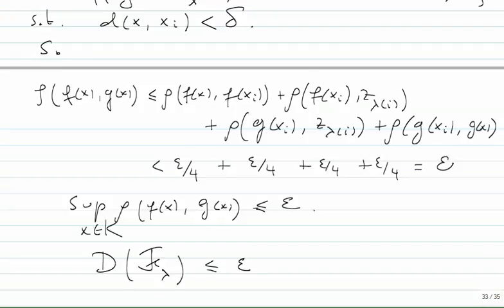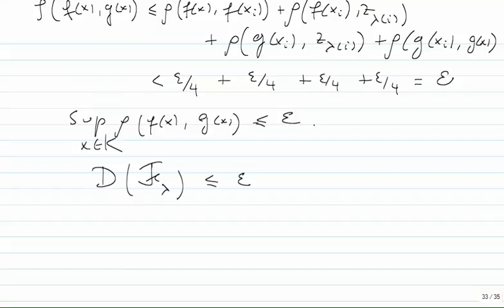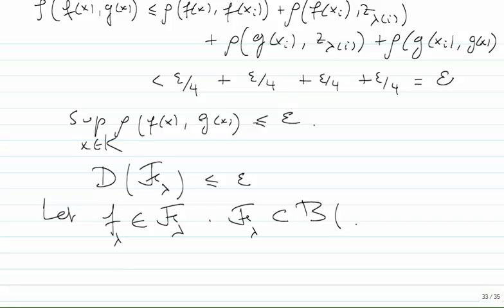Okay, but in fact, what we're going to say: since we're not assuming totally bounded, we use the definition with balls in the definition of totally bounded, so that's fine. We take f_lambda, pick f_lambda in F_lambda, and then it's obvious F_lambda is included in the ball centered at f_lambda with radius epsilon.